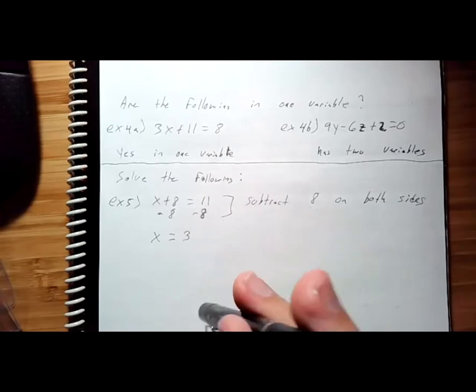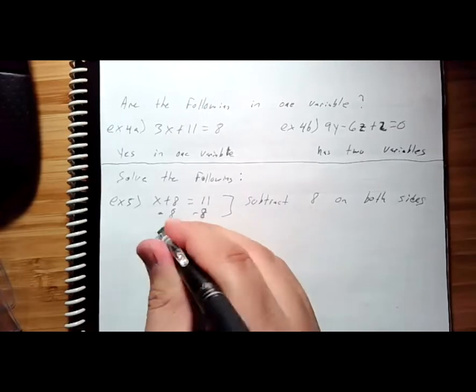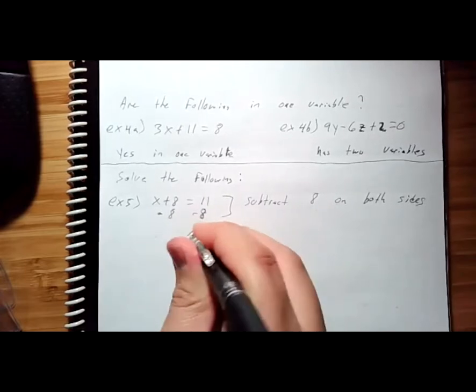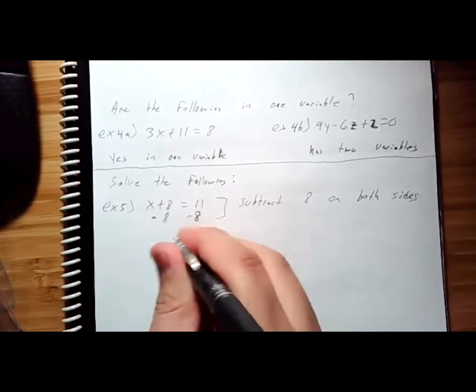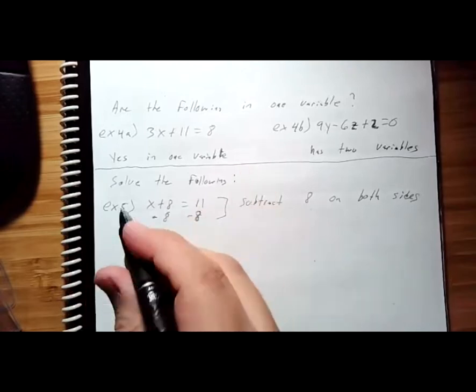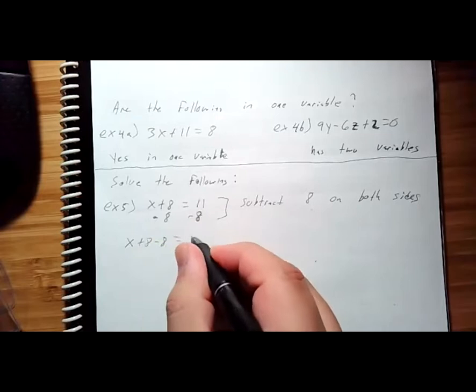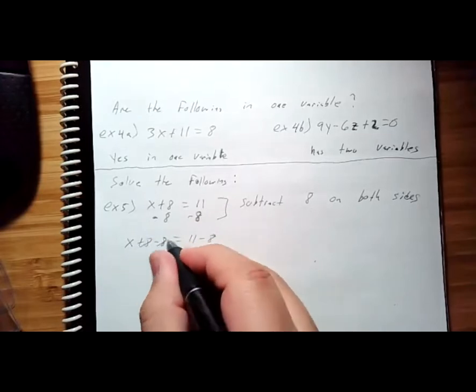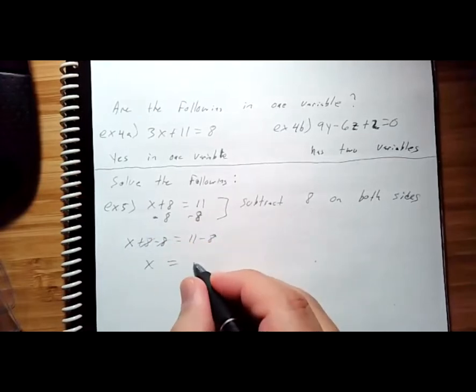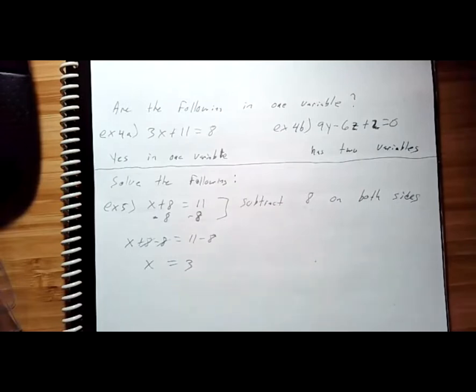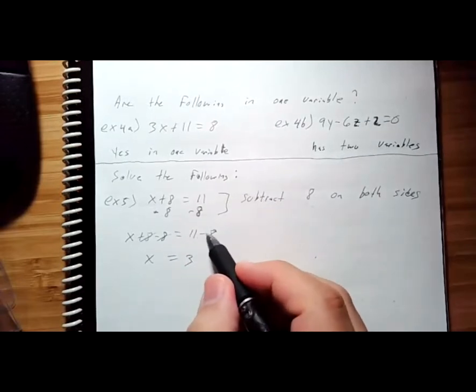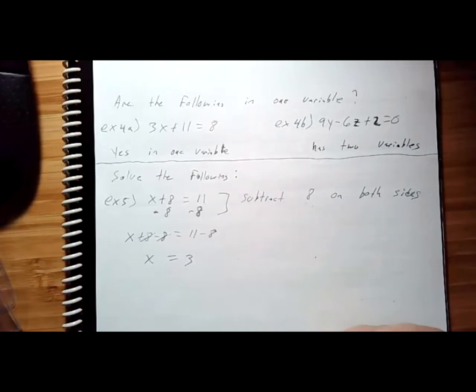Now, let's show an extra step, just in case. Technically, what you would see would be plus 8 minus 8 equal to 11 minus 8. But these are gone. x is equal to 3, right? Keep the sign of the bigger one.